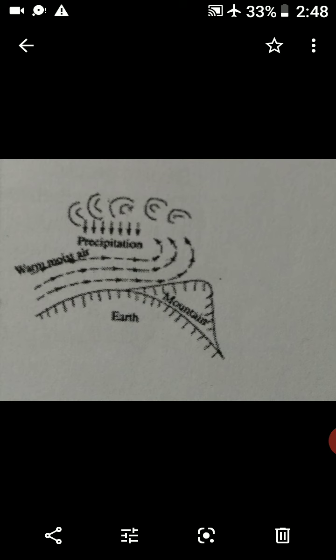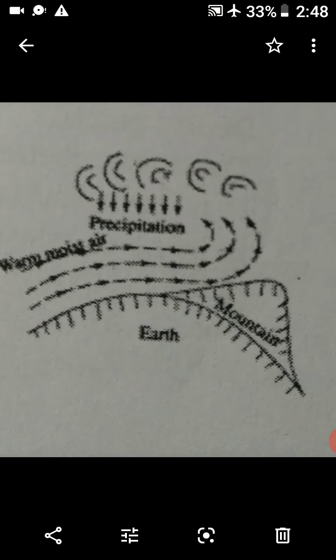And the third one is orographic precipitation. Orographic precipitation is due to the lifting of warm moisture-laden air masses due to topographic barriers such as mountains. The mechanical lifting of moist air over mountain barriers causes heavy precipitation on the windward side.